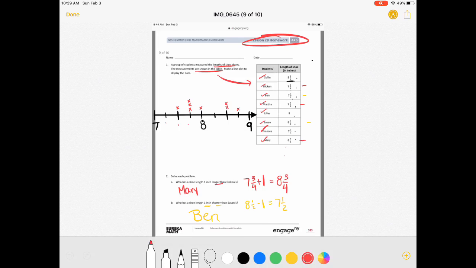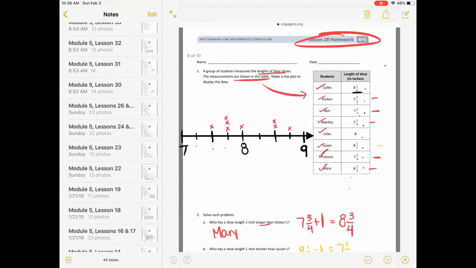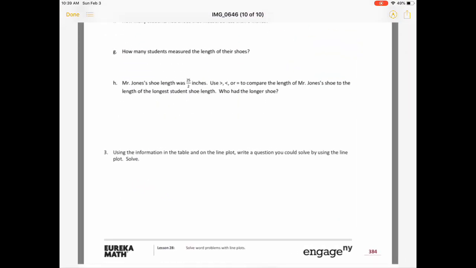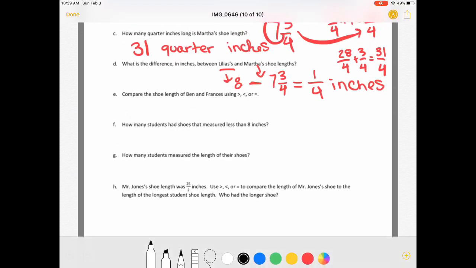So we're going to have 7 1/2, which is Ben, and Francis is 7 3/4, and we know that 3/4 is going to be bigger than 1/2, so 7 1/2 is less than 7 3/4 would be our comparison statement for that one.